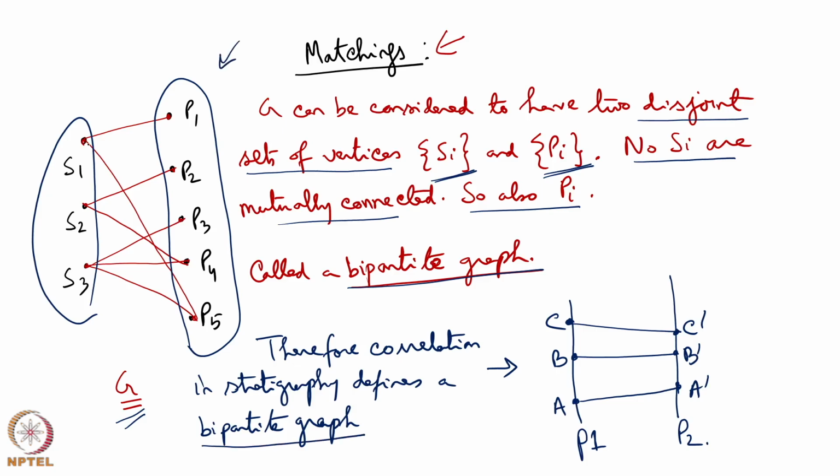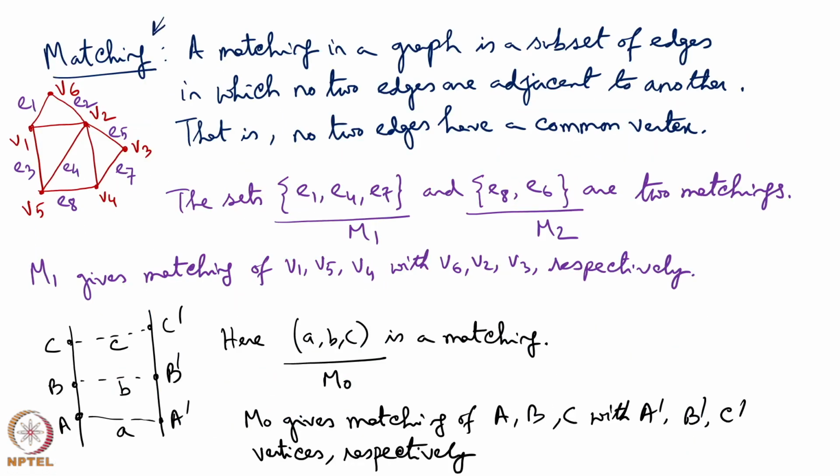Here at one side S1 is linked with both P1 and P5, which is not the case in biostratigraphic or in any geological correlation. A is uniquely correlated with A dash, and A is not correlated with B dash or C dash, B is not correlated with A dash and C dash, C is not correlated with A dash and B dash.